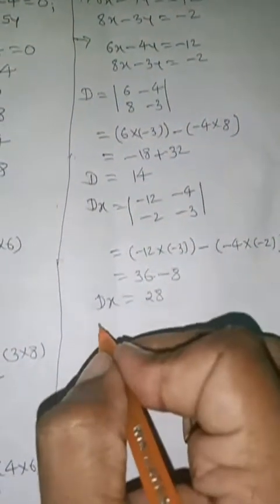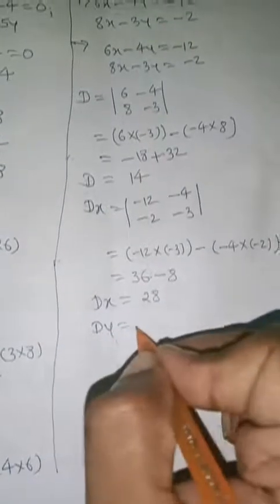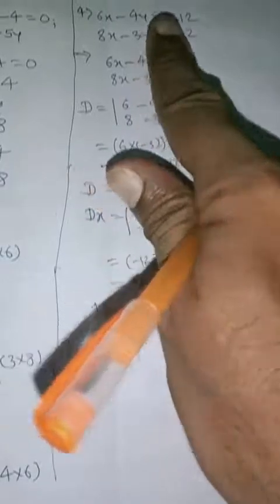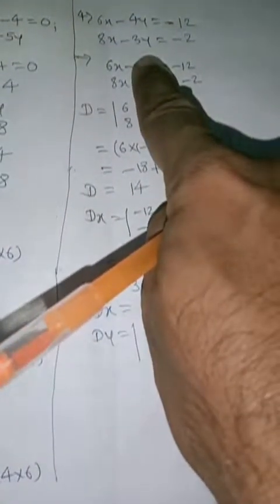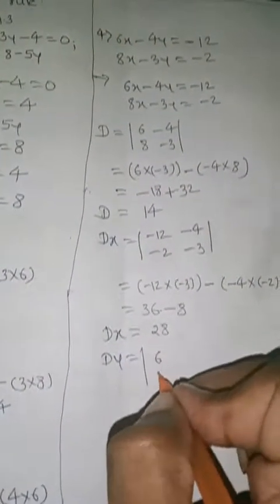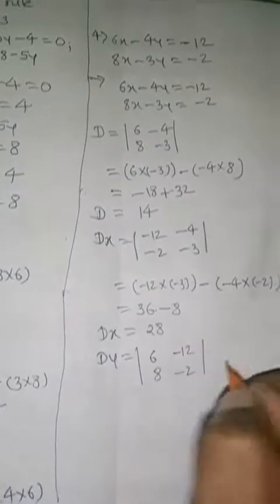Now next, Dy is equal to, here we have to put the finger here on y. Write down first the coefficient of x, then c. 6, 8 and minus 12, minus 2.